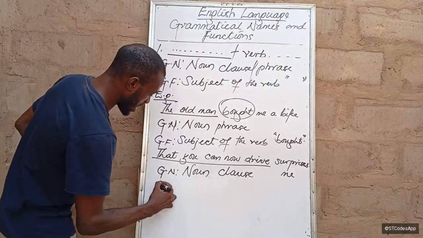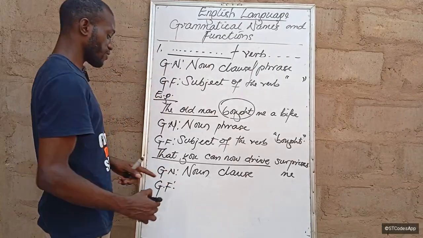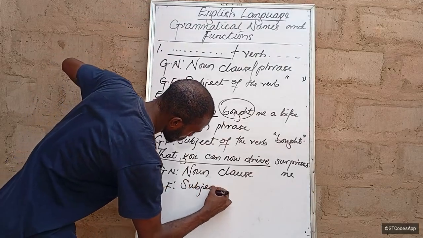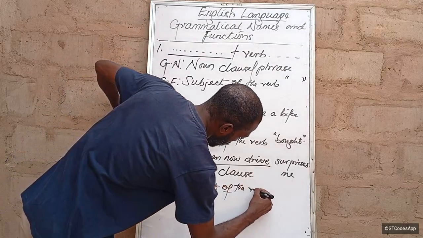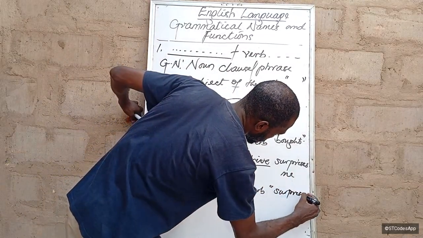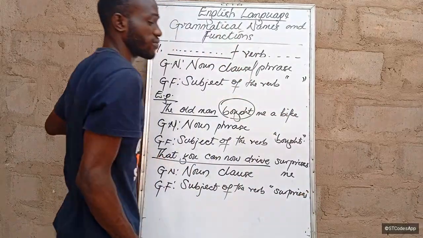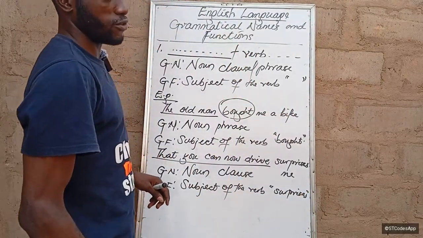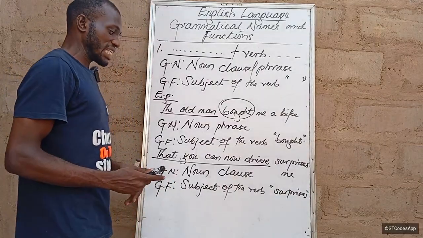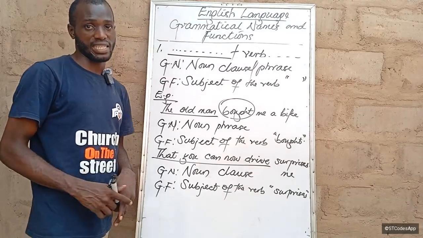Then the grammatical function is still subject of the verb. Which verb is this going to be? "Surprises". Is that clear? Subject of the verb "surprises". If you don't know how to identify a verb, then you have to review your textbooks or your notes again. Then the last example I'll give is the one that has it as an object.